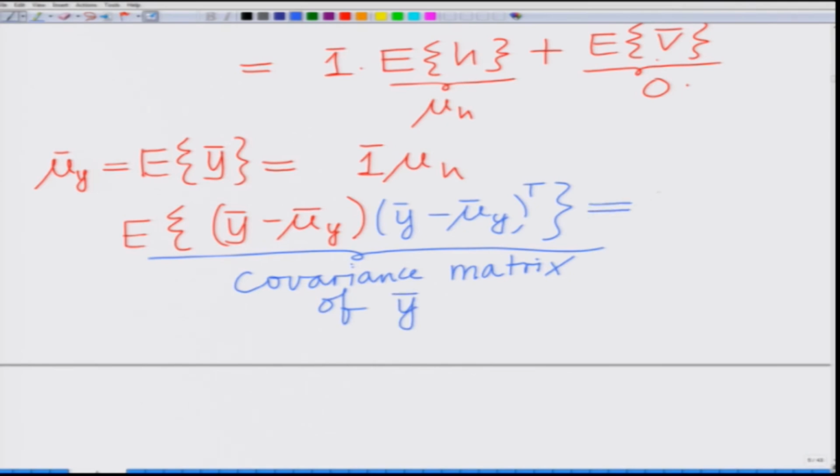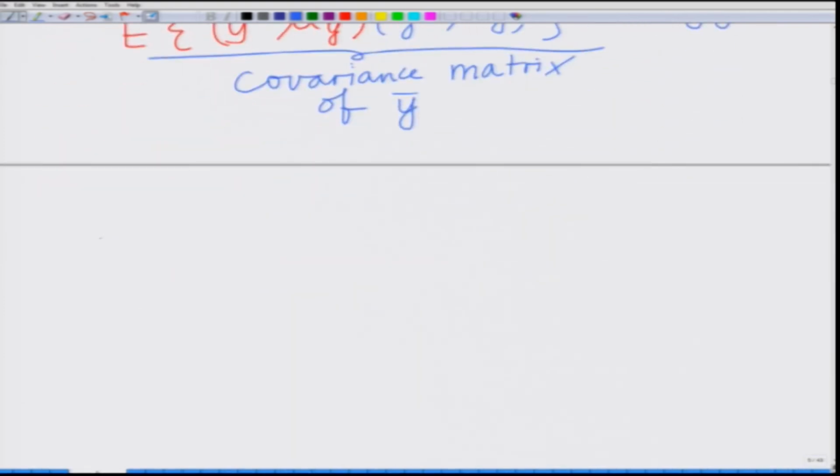This is also denoted, if you remember our notation, by capital R y y, which is equal to, now let us substitute. First, let us look at this quantity y bar minus mu bar y. That is equal to 1 bar h plus v bar minus mu bar y, the mean of the vector, which is 1 bar mu h, correct.